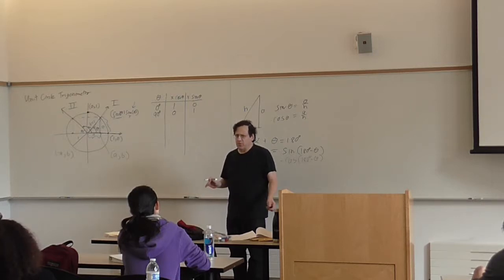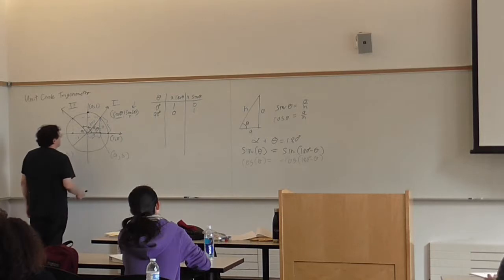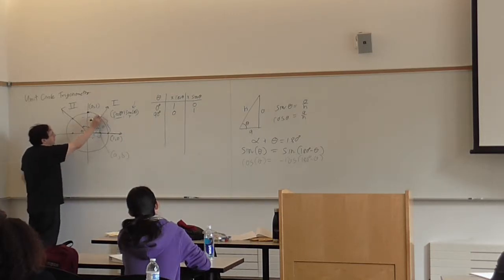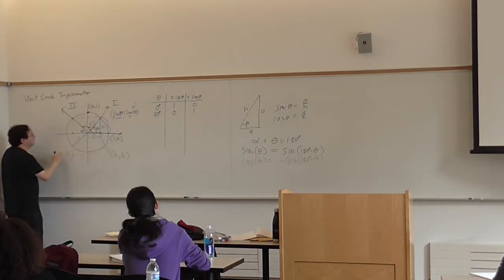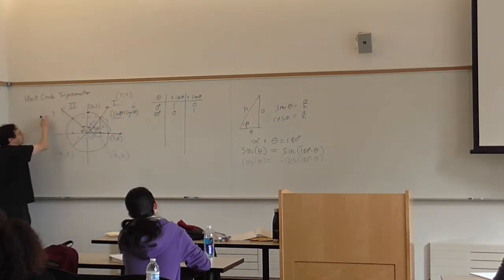All right, maybe too quick, maybe too early. Okay, well, the sine and the cosine are positive here, but that means that, I'm just going to draw this, plus, plus. What does that tell me about the sine and cosine here? Negative, plus.